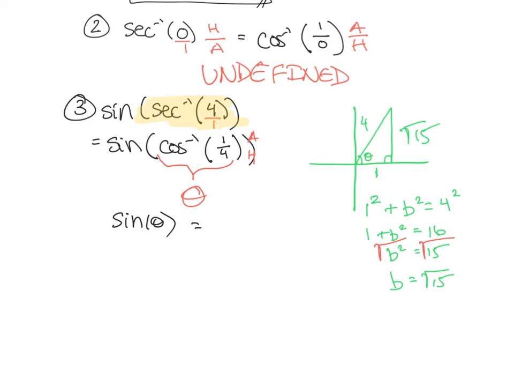Well, that's going to be our opposite over our hypotenuse, or in this case, square root of 15 over 4. And there you go. So when we rewrite our final answer, we're going to say that sine of secant inverse of 4 is equal to the square root of 15 over 4.